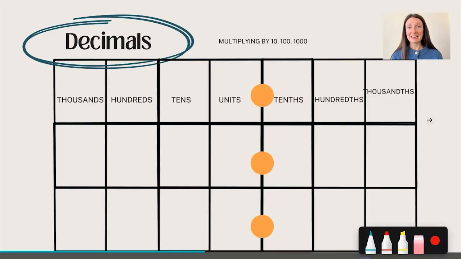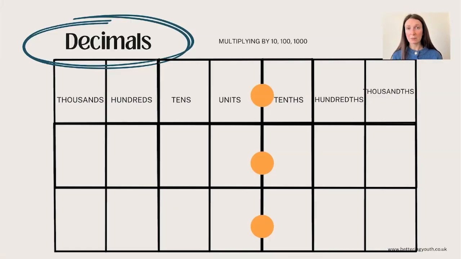When we're looking at decimals, there's a couple of key words that we're going to need to ensure we have full confidence with. Now, this should look familiar to you and your family. It is a place value chart. I've gone from thousands, hundreds, tens, and units on the left side of my decimal, and on the inside, I've got my tenths, hundredths, thousandths.